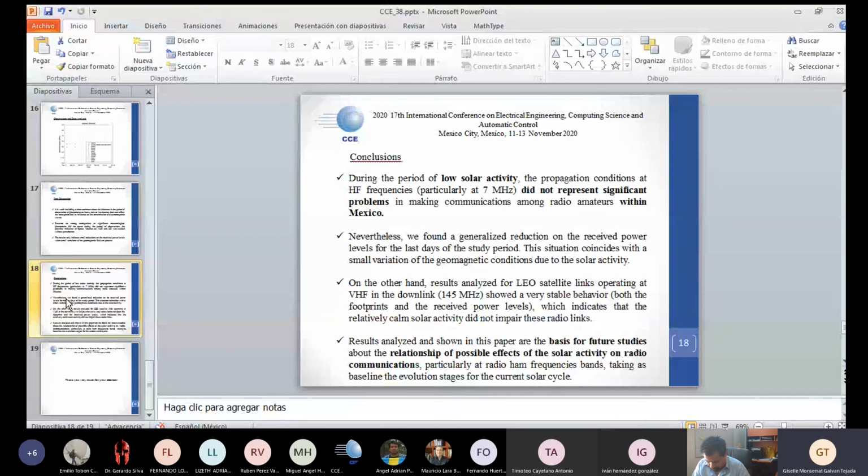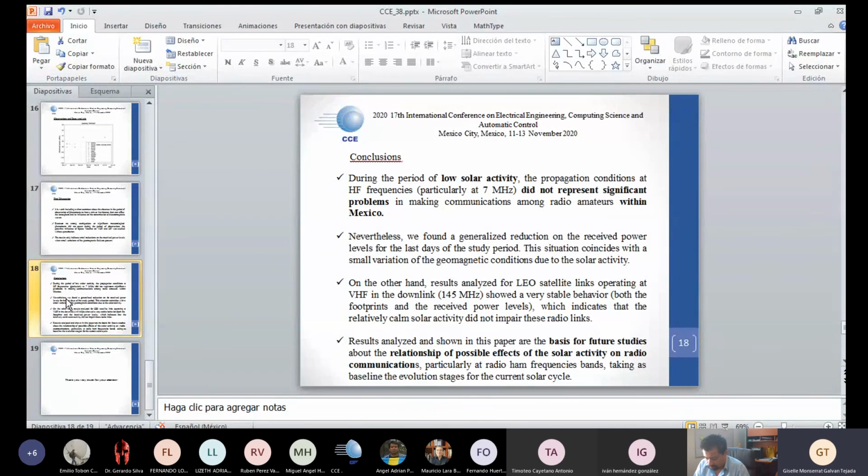Nevertheless, we found a generalized reduction on the received power levels on the last day of the study period. This situation coincides with a small variation of the magnetic condition due to the solar activity.